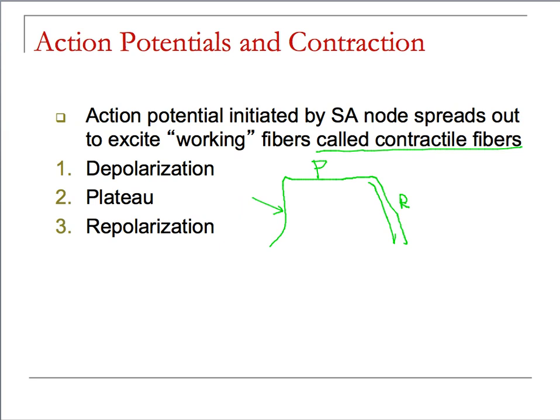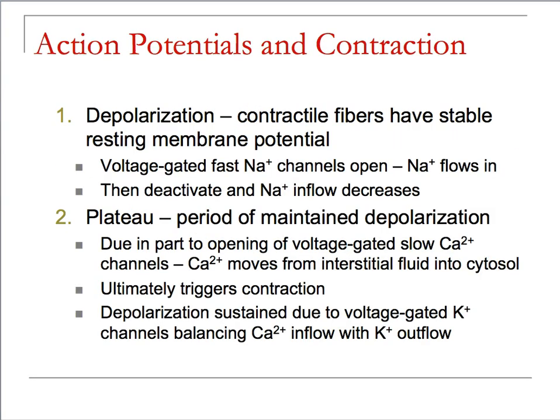So why does Mother Nature do all of this? The depolarization utilizes voltage-gated fast sodium channels, which will then allow for the rapid increase in the rate of the charge traveling across the surface of the cell, right? So that's what this is. And notice the way it's being described. That's important.